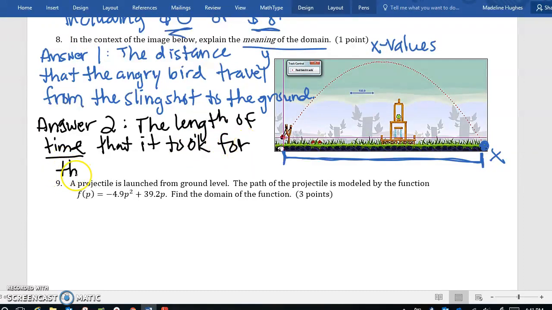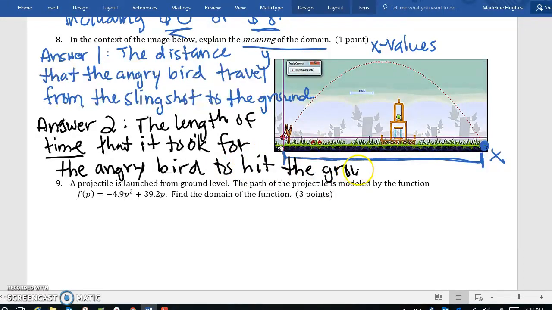Okay, so those are 2 possible answers there. Either one is fine.